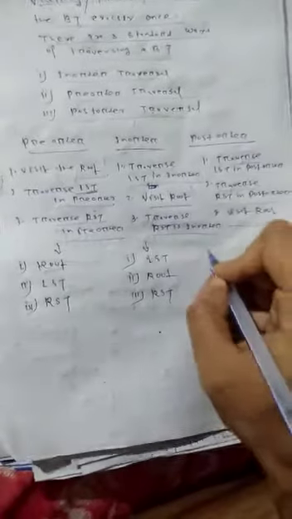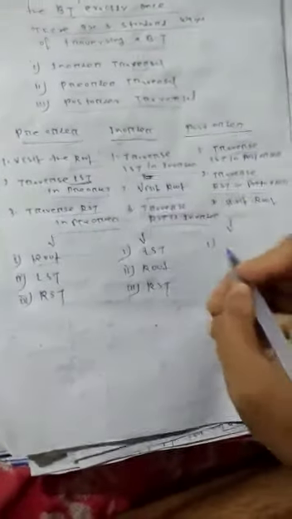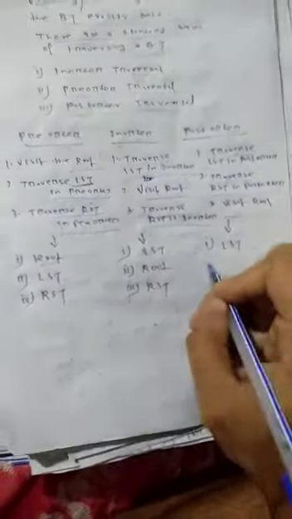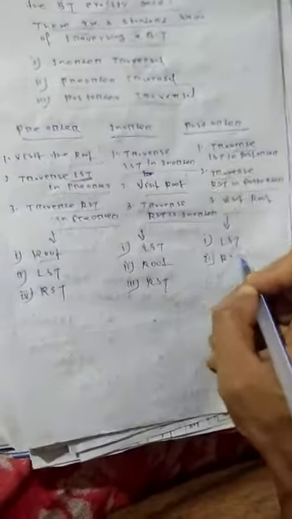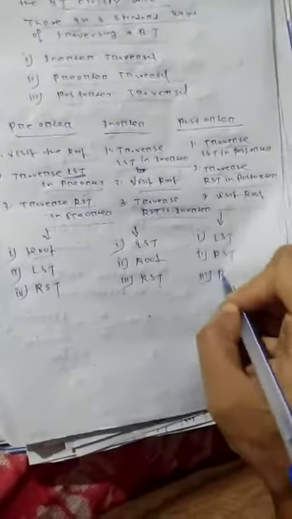And in post-order, first LST, then RST, then third the root.